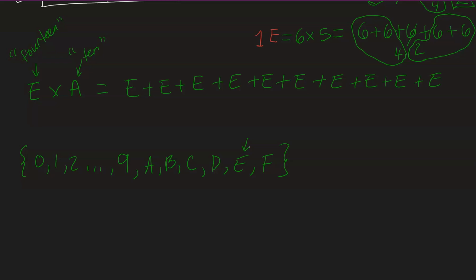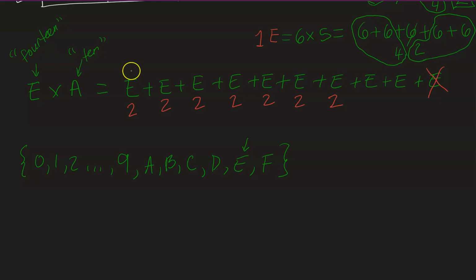So if I was to make groups of 16, each one of these E will need 2 more. So 2, 4, 6, 8, 10, 12, 14. I just used up that one E right there.